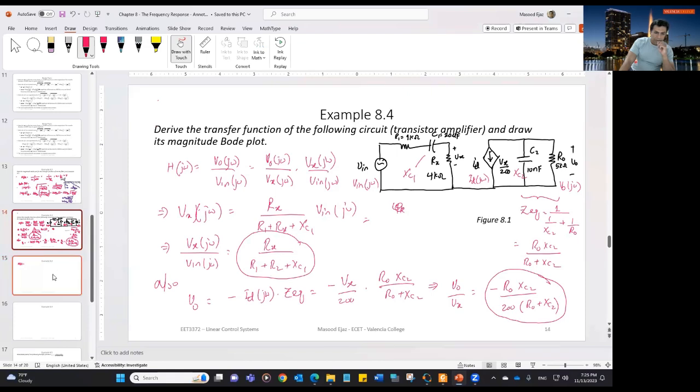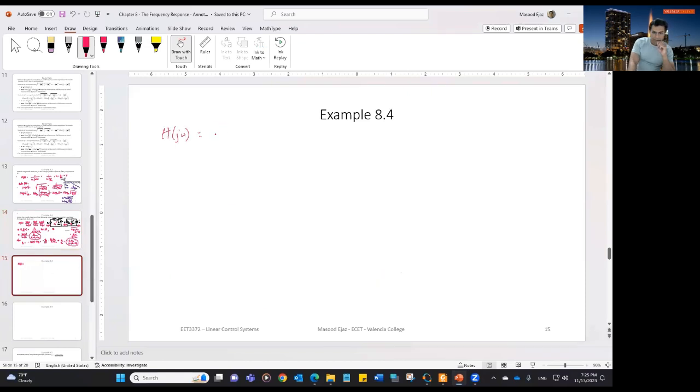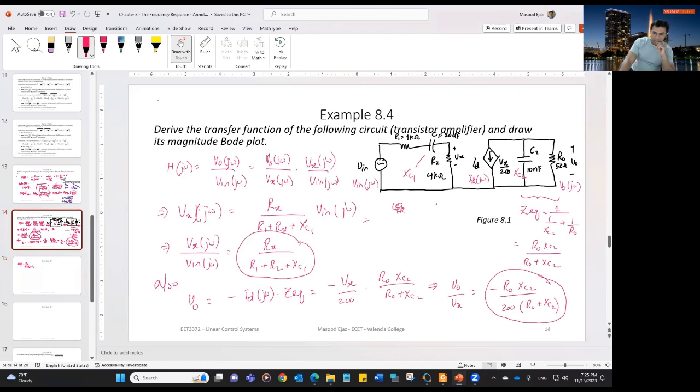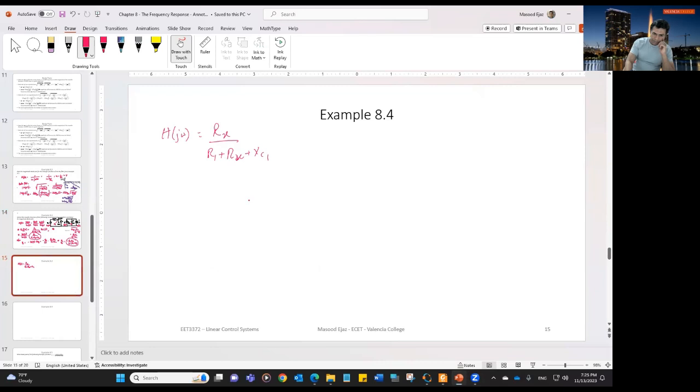Rx over R1 plus Rx plus XC1. Where is R2? That must be Rx actually. Yeah, that's Rx, not R2. R1 plus Rx plus XC1. And then I have negative R0 XC2 over 200 times R0 plus XC2.